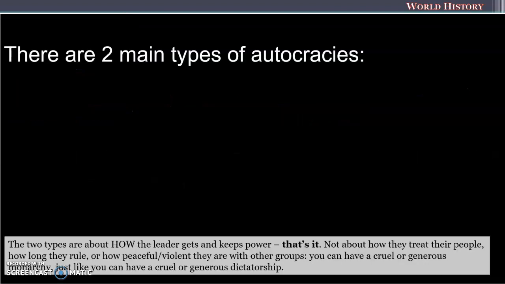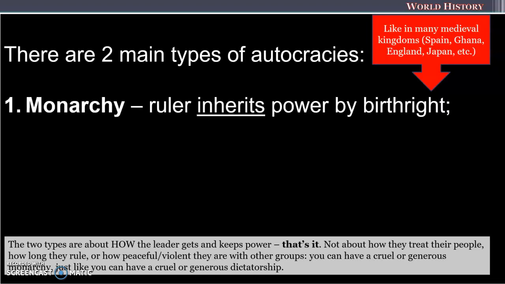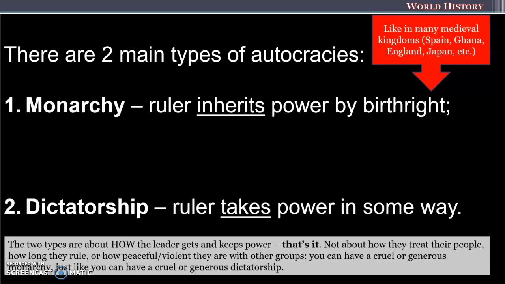There are 2 main types of autocracies. Like in many medieval kingdoms, Spain, Ghana, England, Japan, etc., monarchy, where the ruler inherits the power by birthright. And then the other type, like we just talked about, is dictatorship.